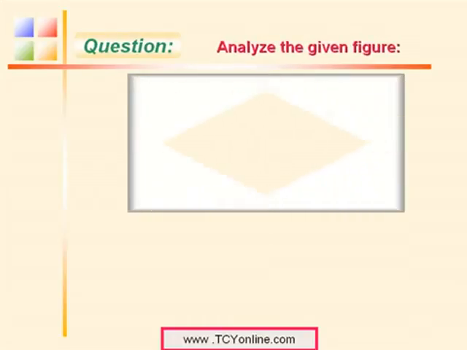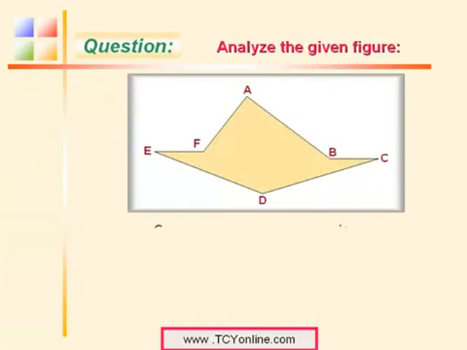Now look at this question. Here you need to analyze the given figure and mark or name any two acute angles in this. Simply when you give a look at this figure, we find that angle DEF is an acute angle because it appears to have a measure less than 90 degrees.